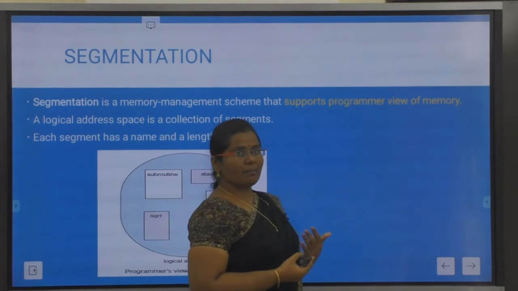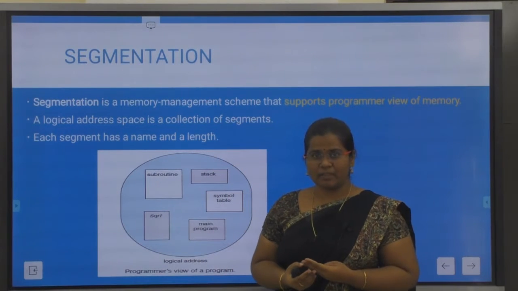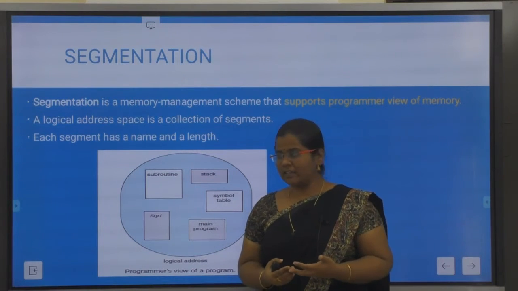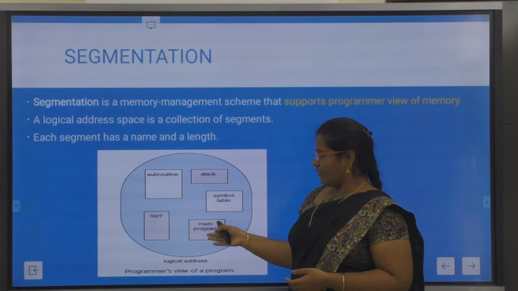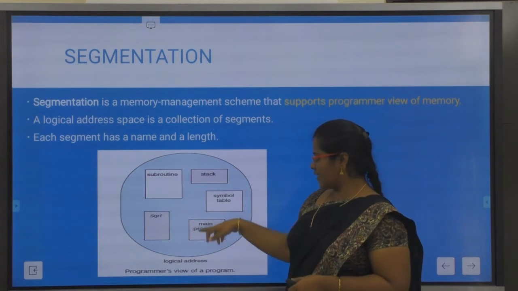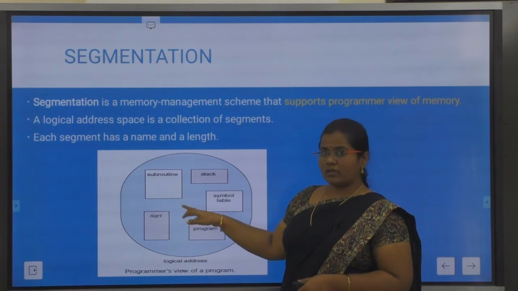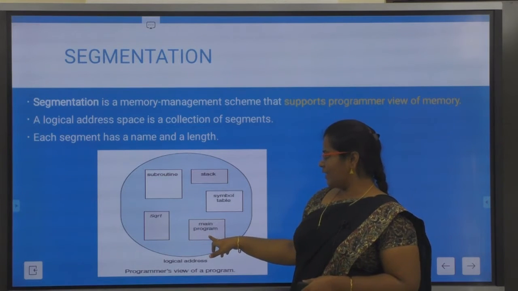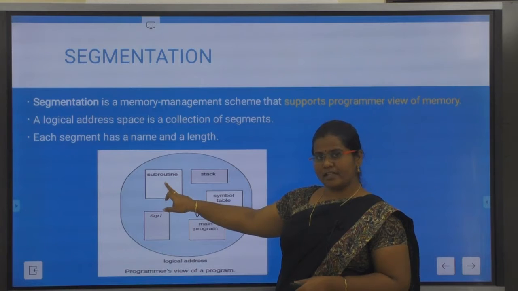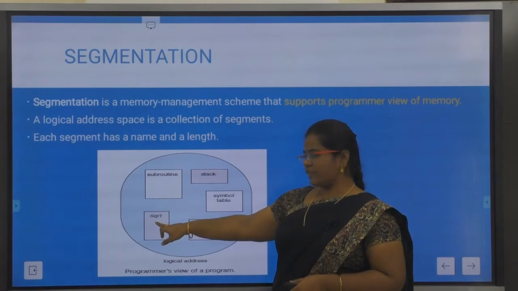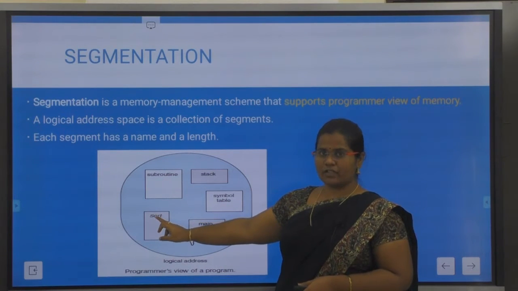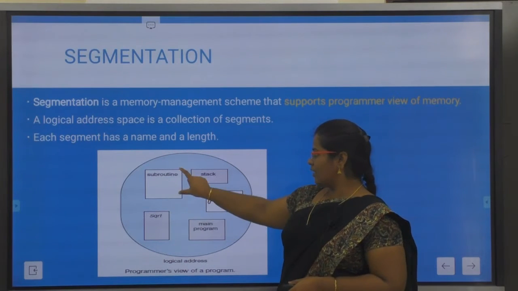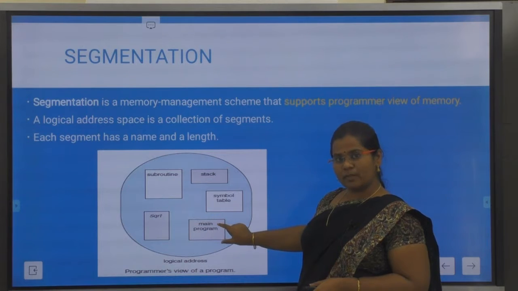Your C program may contain a main method, user defined functions, some global variables and so on. One of the examples of a user defined function is sqrt, to find a square root. You can consider this function as one segment, and you can consider the main method as one segment.